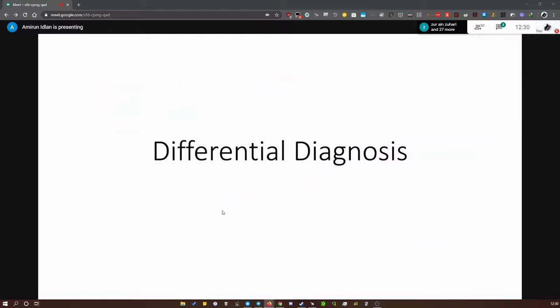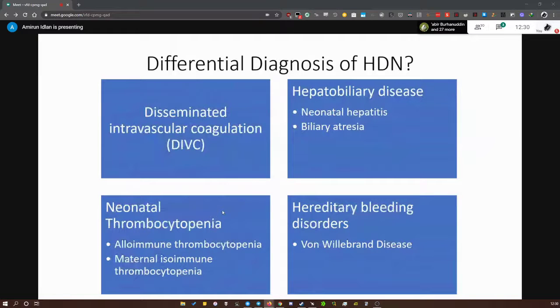The other differential diagnoses you may consider are DIVC, disseminated intravascular coagulation, hepatobiliary disease, neonatal thrombocytopenia, which had been explained by Alia, and also hereditary bleeding disorders, for example von Willebrand disease.